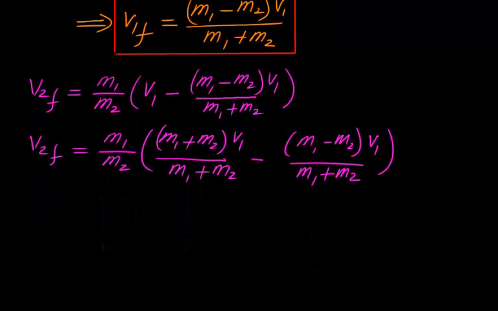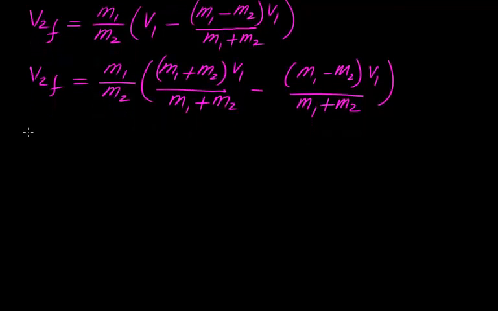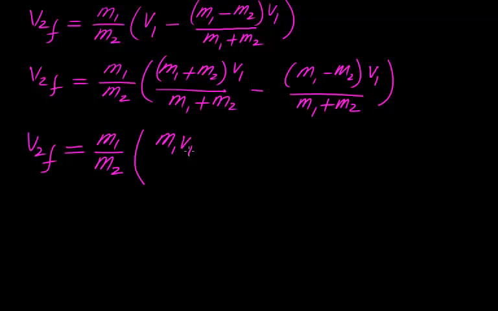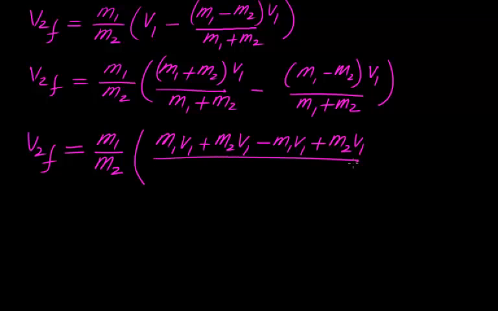Now let's simplify this expression further. v2 final equals m1 over m2, m1 times v1 plus m2 times v1. Now let's distribute this negative sign over the second term. It becomes negative m1 v1. Negative times negative, that's positive m2 v1 divided by m1 plus m2.